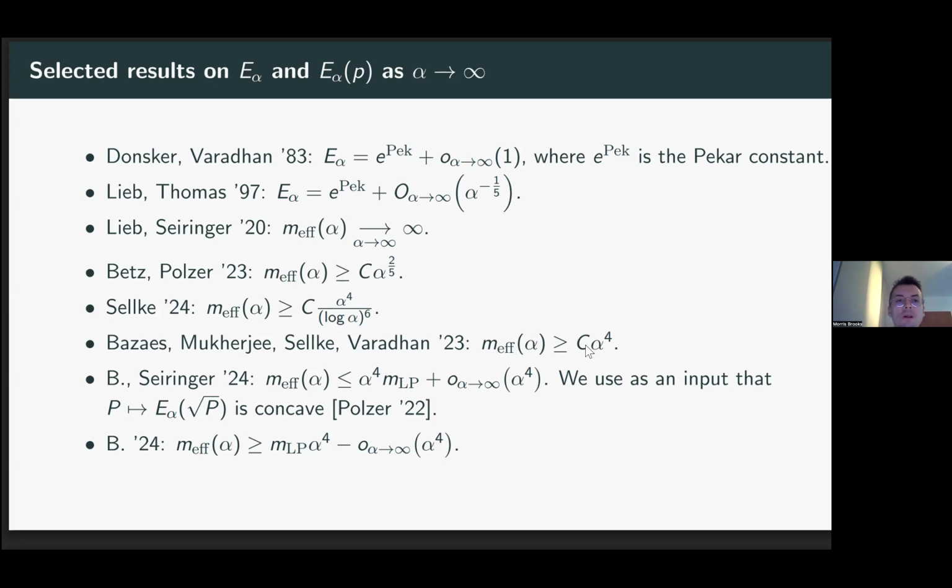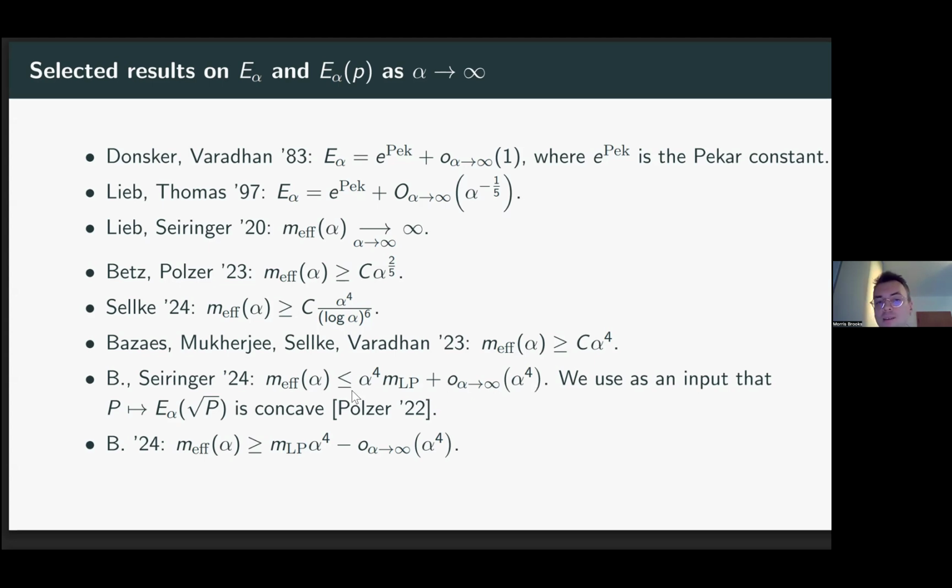Now you see, the last 4 results I've shown you were all concerned with lower bounds. Now in a work together with Robert Seiringer, we were able to show that the effective mass as a function of alpha is actually bounded from above by something of the form alpha to the power 4 times the precise constant predicted in the Landau-Pekar conjecture plus something that is small compared to alpha to the power 4.